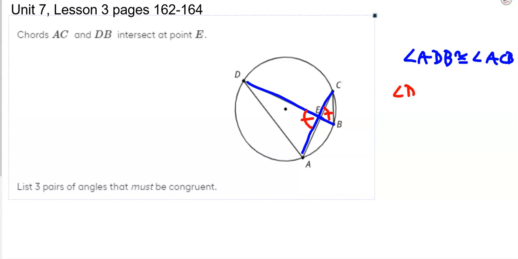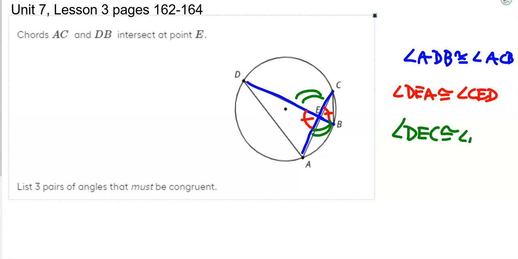So angle DEA and angle CEB, they are congruent as vertical angles, and then these two angles, there are two angles in E, angle DEC and angle AEB are also congruent as vertical angles. When you are talking about vertical angles, you have to understand that when two lines intersect, there are four possible angles. It needs to be very clear when you talk about vertical angles which pair of angles.